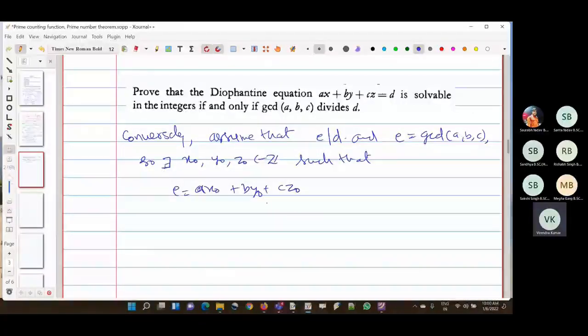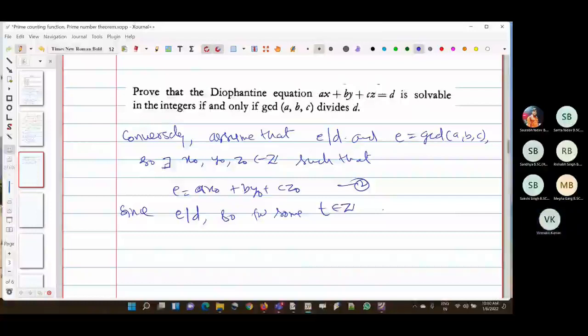Okay. Let us call this number 2. Since e divides d, there exists some integer t such that, for some t belonging to Z, we can write e t = d. Okay. So in equation number 2, let us multiply throughout by t.